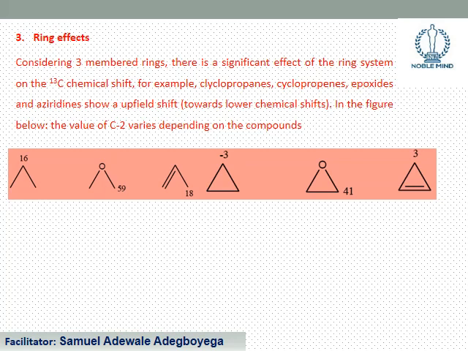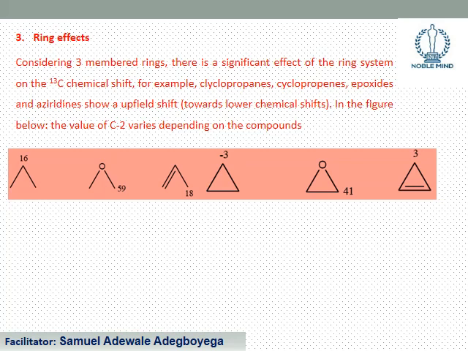You could see carbon number 2 in propane has a chemical shift of 16. But look at cyclopropane. The ring has affected the chemical shift of that carbon number 2 to a lower chemical shift. You call it upshift.